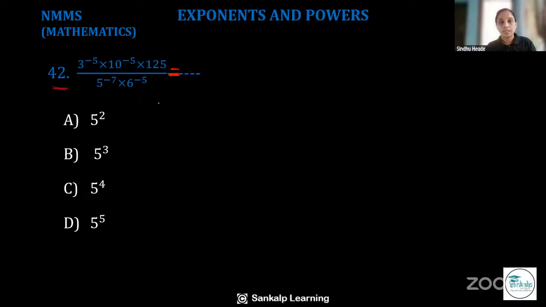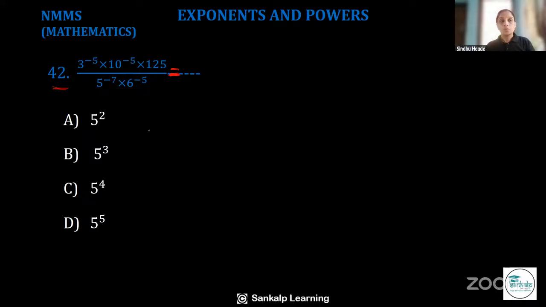So here the given expression is this one. This expression contains so many different prime bases. See, power is the exponent and the remaining lower number is considered as the base. It contains different bases 3, 10, 125, 5, 6.